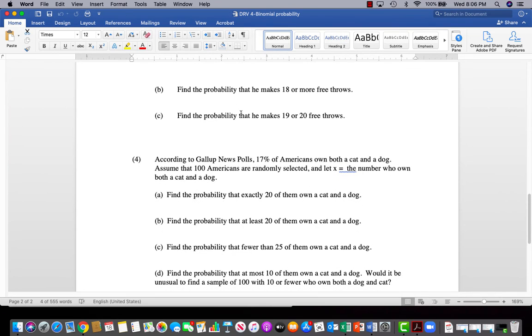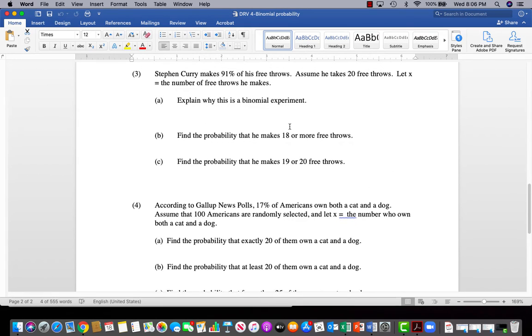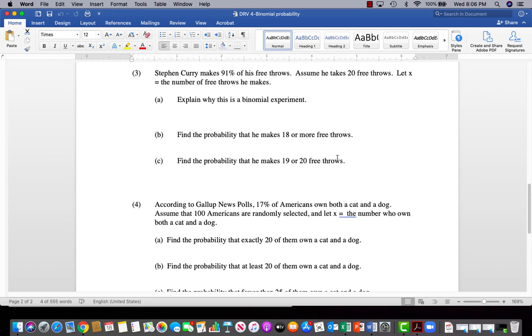Part B then says, what's the probability that he makes 18 or more free throws? And then what's the probability that he makes 19 or 20 free throws? Okay, so when I go over to StatCrunch, the important thing here is this 91%, I can't write it as 91. It's got to be 0.91.